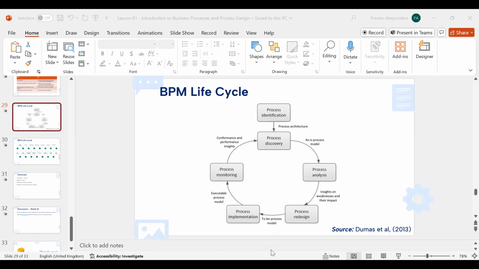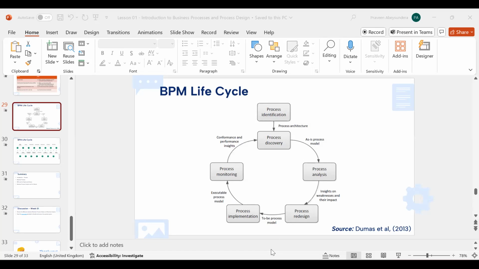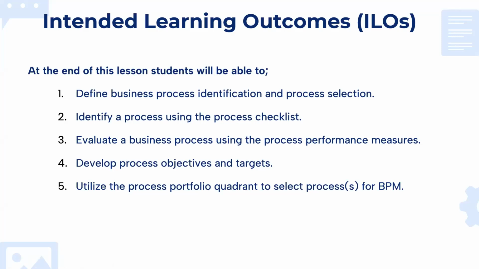Okay, so I hope everyone is clear what we are going to do today within the business process management life cycle. These are the ILOs that we need to achieve today. Initially, you should be able to define what business process identification and process selection are. There are two keywords: we first consider process identification, and then process selection.